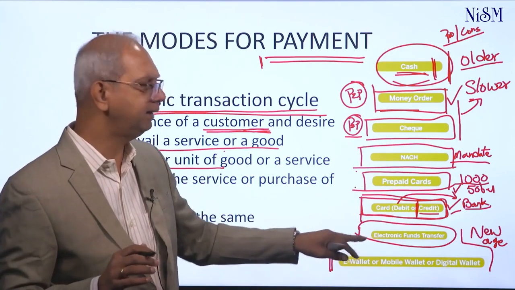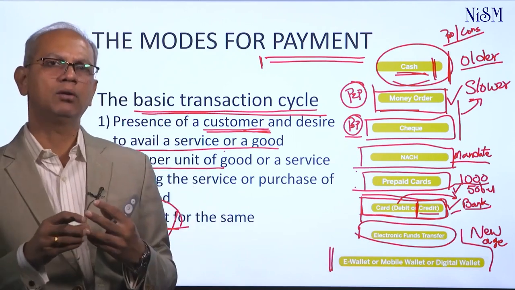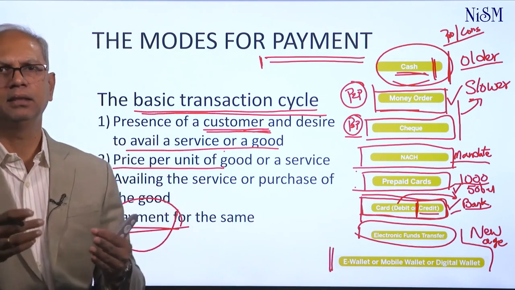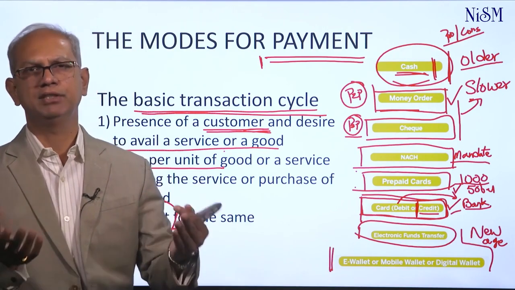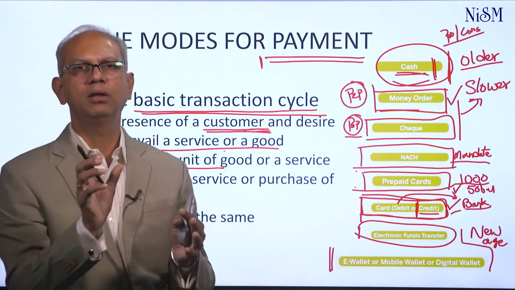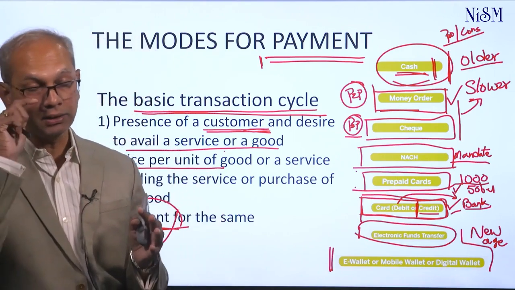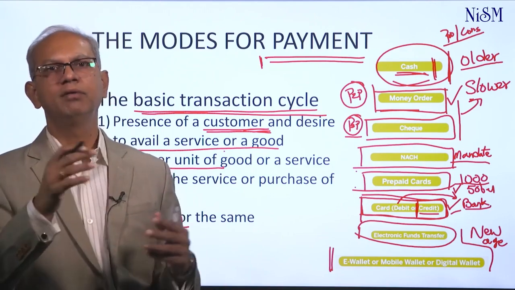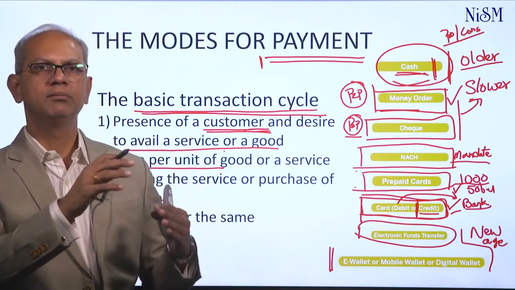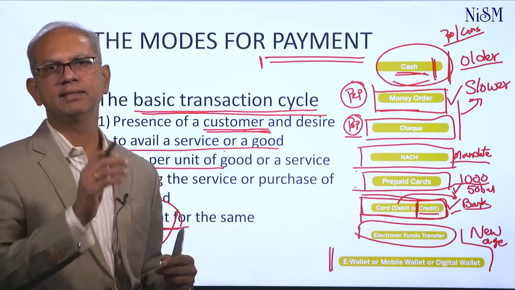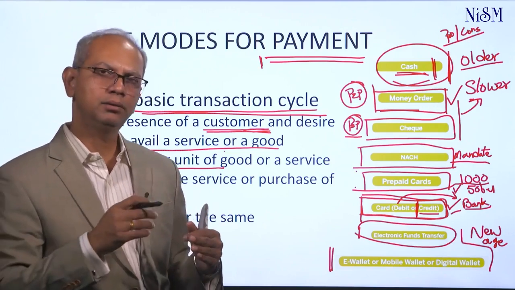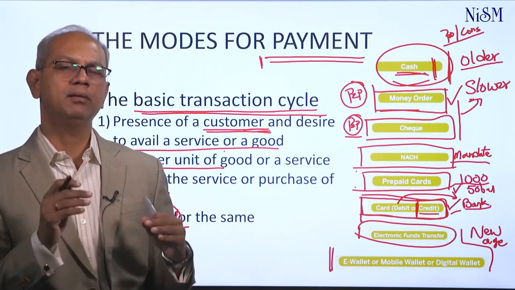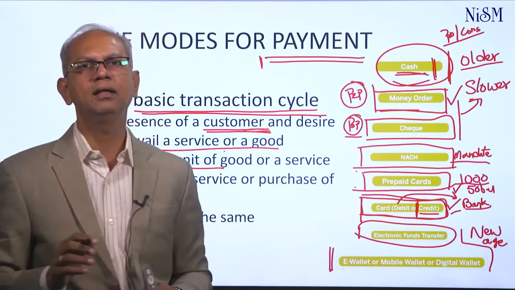Because there are the details such as who the vendor is, his name, his bank account number, his bank's details in terms of which branch, for example the IFSC code, which is required to identify a particular bank account and a particular bank branch, and the vendor's name as per the bank account. So if the vendor is calling himself by a particular brand name, for example XYZ, but his bank account is in a different name, then that specific bank account name is required for you to send the funds electronically.